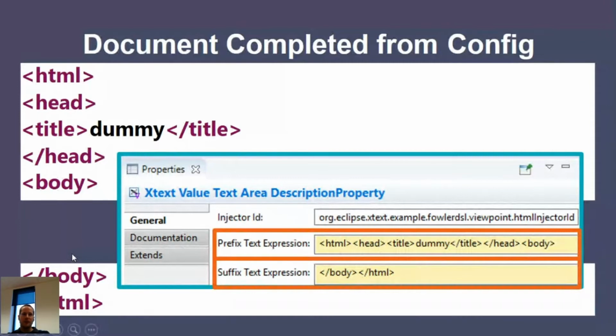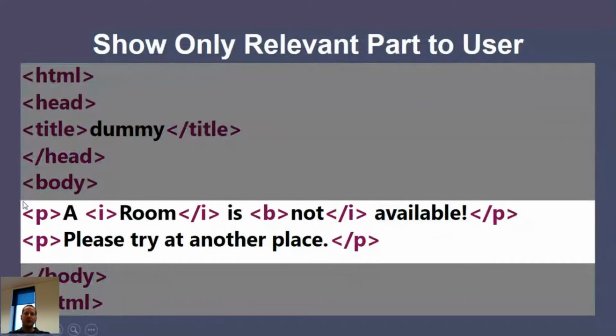In general, the Xtext integration always works in this way: in the background we have the complete document which is edited, but we show only a small part inside the edit box. And this way we can integrate both requirements nicely, that Xtext always needs a complete document, but the user only wants to edit some part of it.